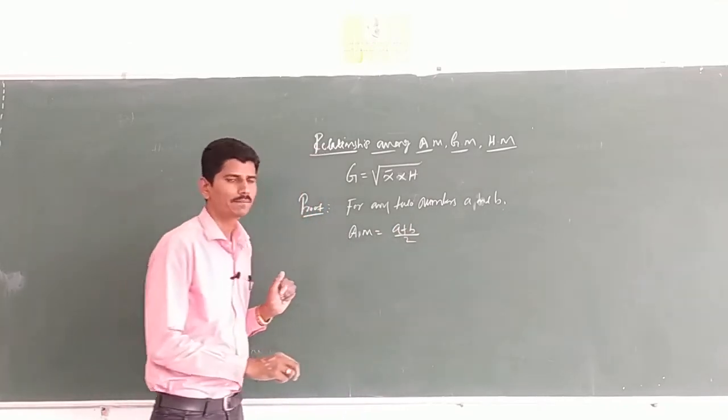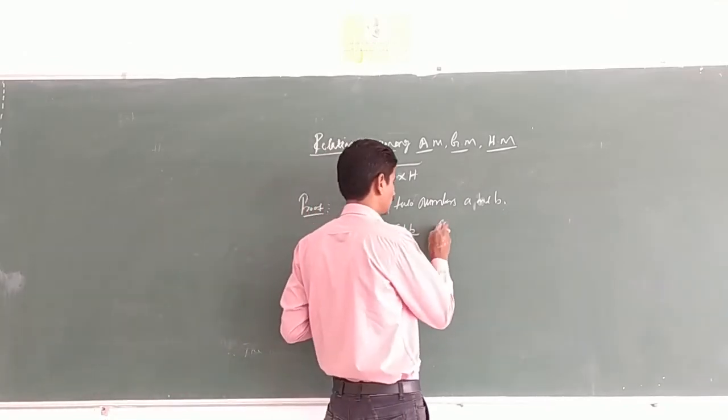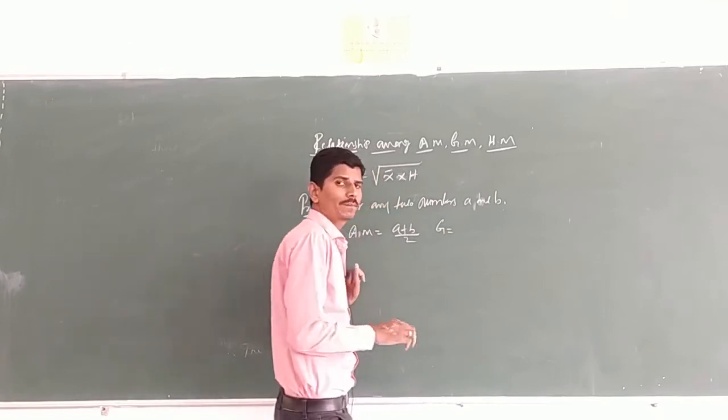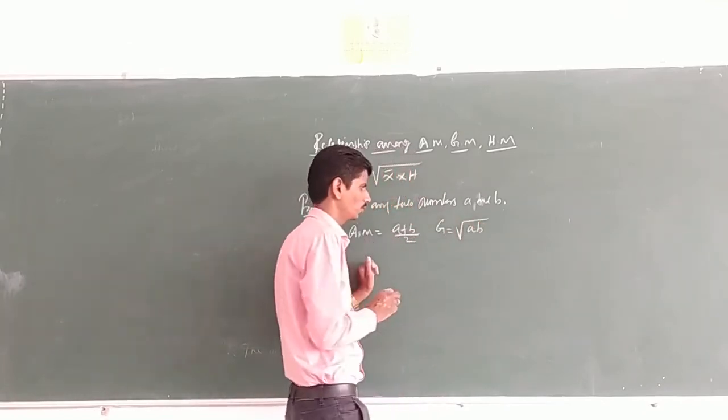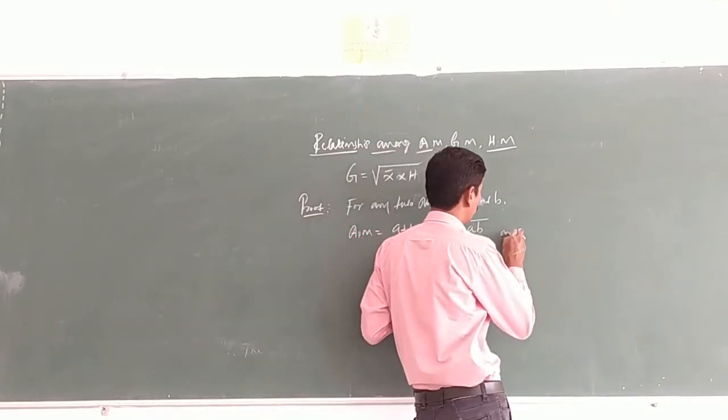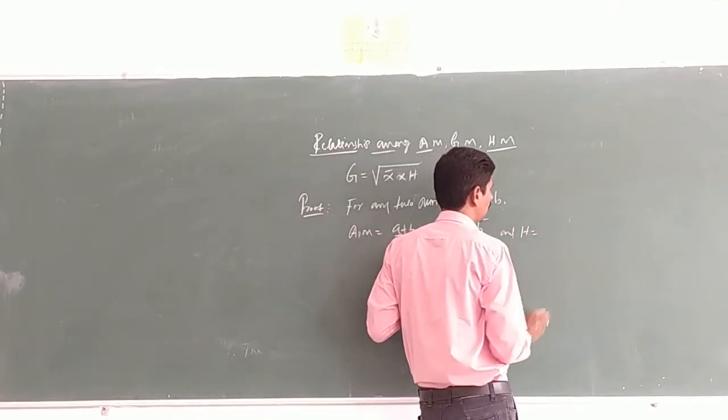AM equal to what? A plus B by 2. Then GM, the geometric mean, is the square root of the product of the two values, that is GM equal to under root of AB.